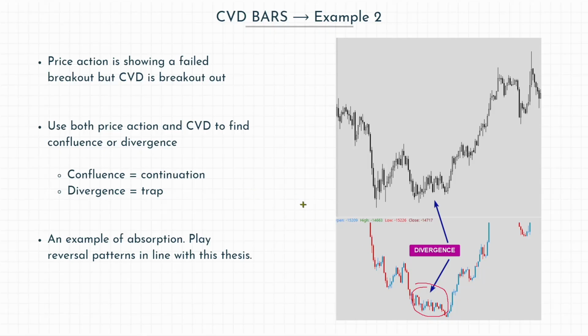Well, CVD is market orders. It's showing you delta. And delta can be high, or in this scenario it's low, like it's dropping, which is high delta for sellers. Delta is going down, delta is heavy. However, price is not going down with it. That's a good sign of absorption to me. Great sign. There's a divergence.